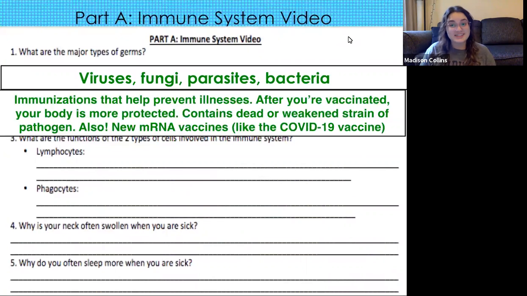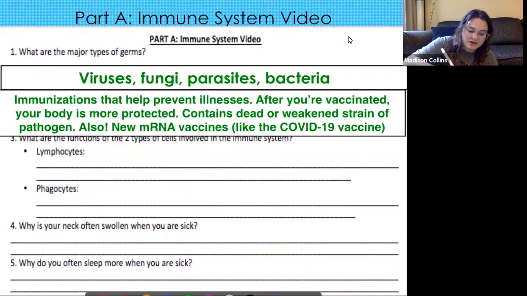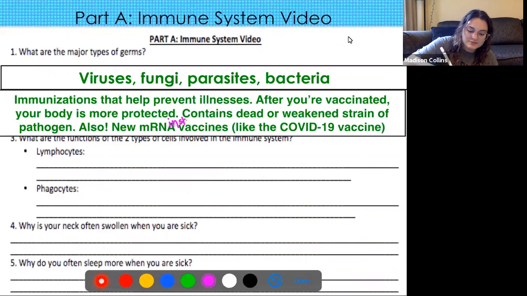So it doesn't actually contain any form of COVID-19. It just has the instructions to prepare your body, which is super cool. So I'm going to write that above mRNA, just write instructions. But for the purpose of the Regents, most questions you come into contact with about vaccines are going to mention this phrase, dead or weakened strains of pathogens.